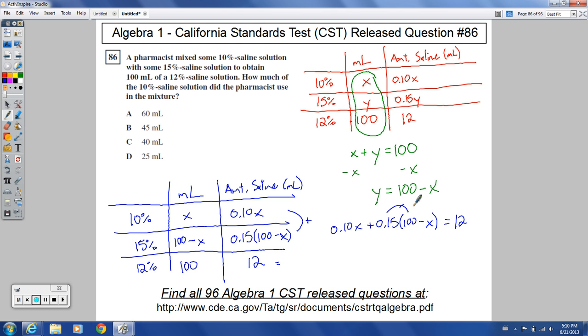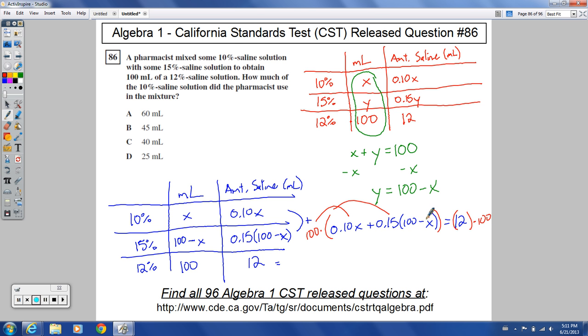We can distribute the 0.15. Now, why don't I do this instead, though? I think this is probably going to be even more helpful. For the sake of simplicity, it's a lot easier to multiply both sides times 100. So I'm going to take everything times 100 on both sides here. I have to multiply 100 by this and 100 by this part.